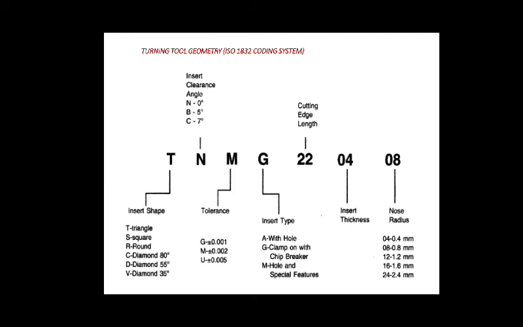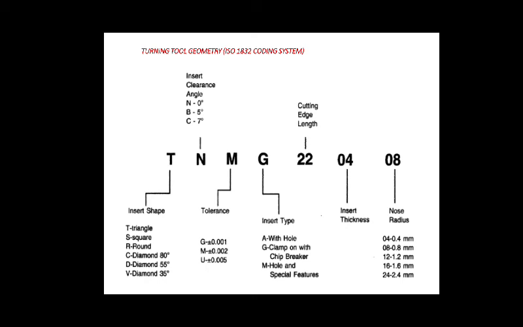If 04 is there, it means 0.4 mm nose radius. If 08 is there, 0.8 mm nose radius, and if 12 is there, the nose radius is 1.2 mm. If 16 is there, the nose radius is 1.6 mm, and if 24 is there, its nose radius is 2.4 mm.